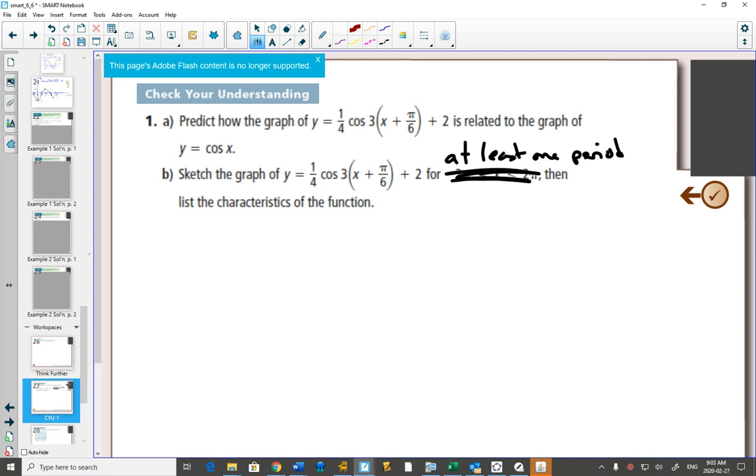So it tells us two things for a sine graph. Okay? Next, the 3. That's a horizontal compression, x by 1/3. Specifically, for us, it tells us that our period is 2 pi over 3.